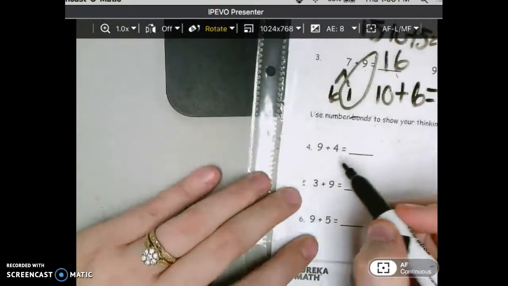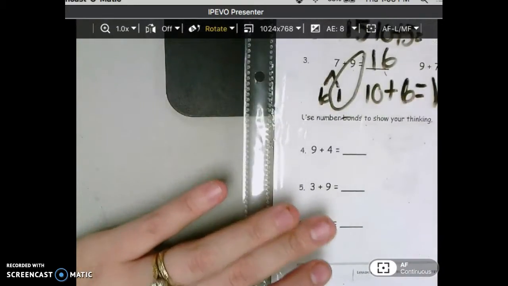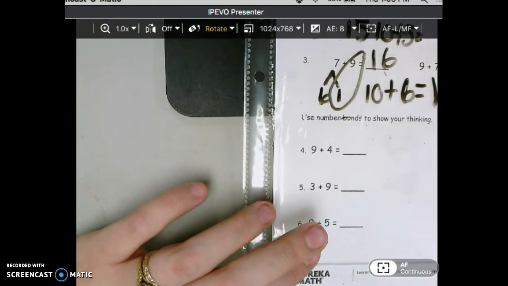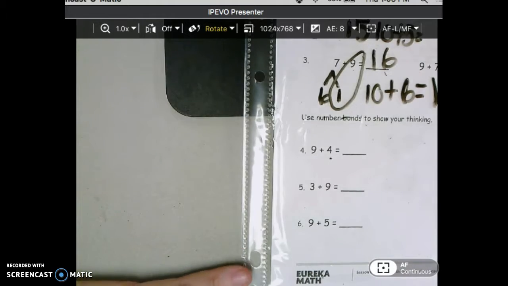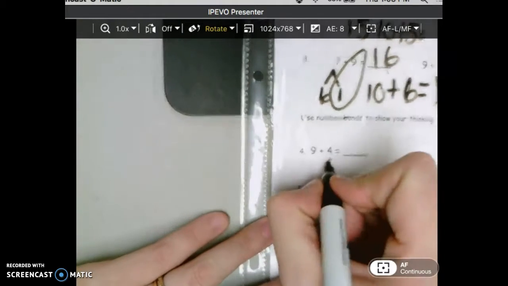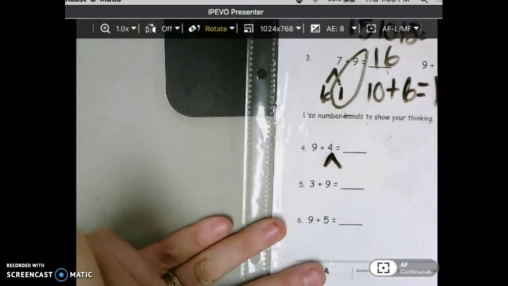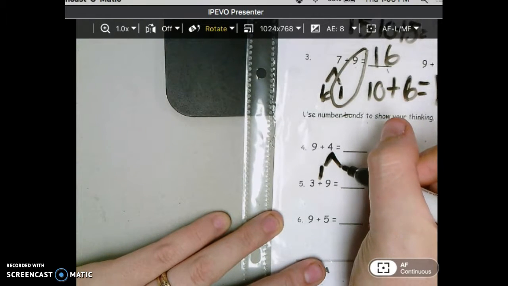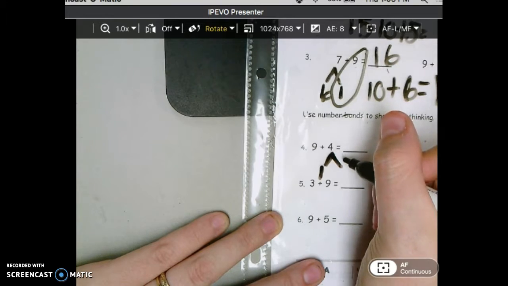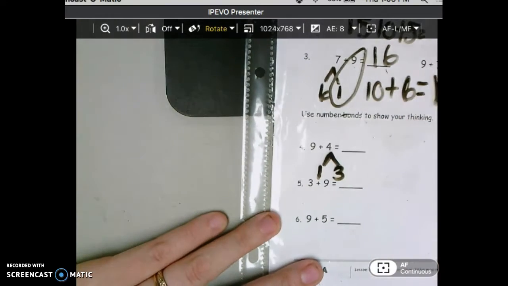So let's use a number bond. Which one am I going to break down, DJ? On this problem right here, which one am I going to break down? 4. What will it break down to? 1 and a 3. That's right. 1 and a 3.